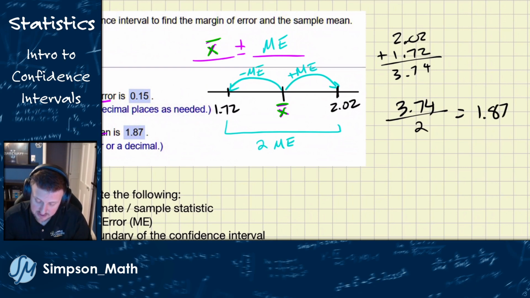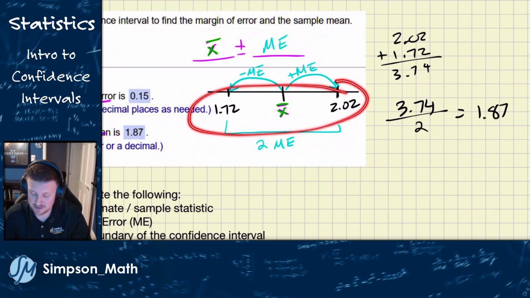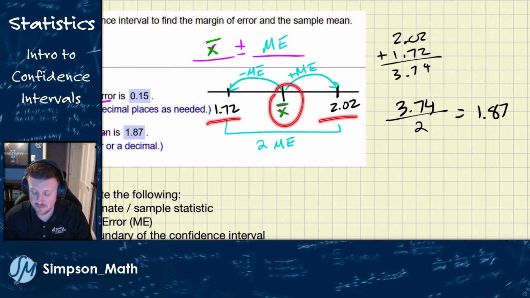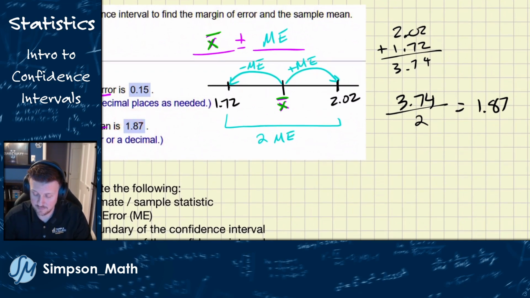Visually, does it make sense? This number is smack dab in the middle, so if you find the midpoint of two numbers by adding them up and dividing by 2, you get the number in the middle. That's where I get this 1.87 from.